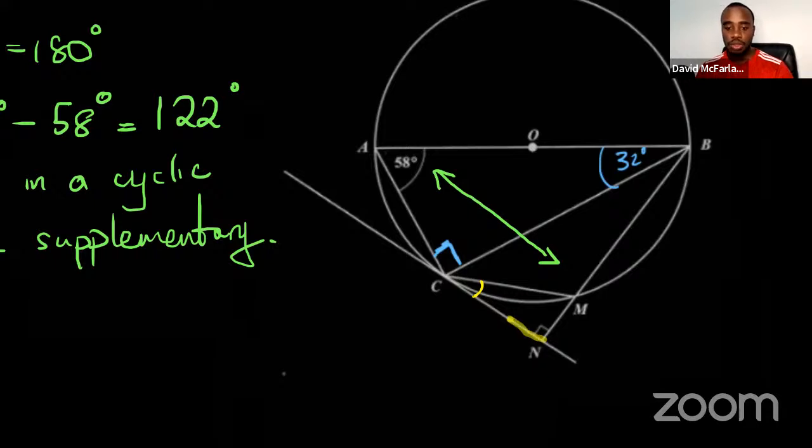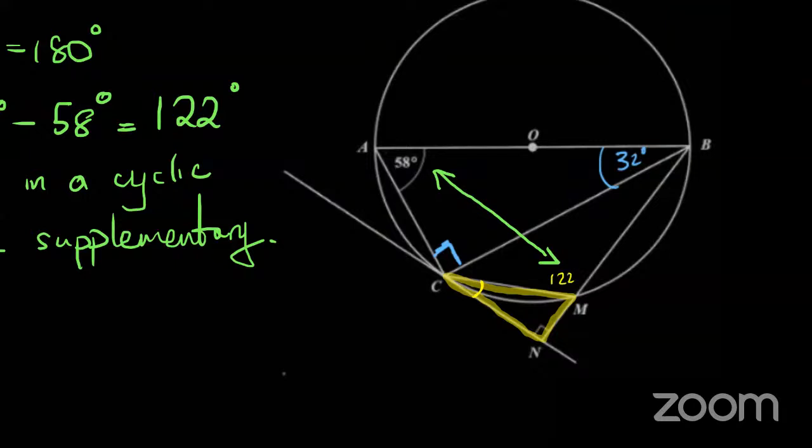Well, for one, we know that the angle CNM is a right angle. So that's one thing that helps us. And what else do we know? I think we just figured out that CMB was 122 degrees. That's in green.